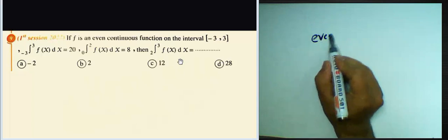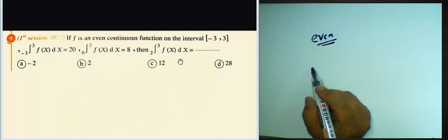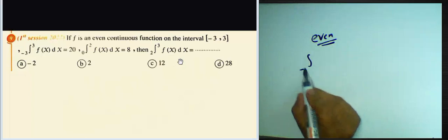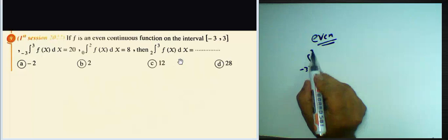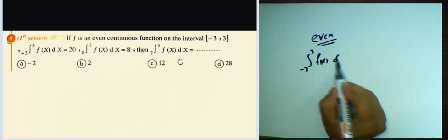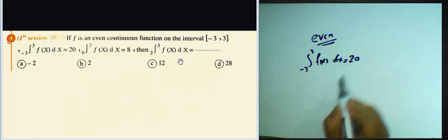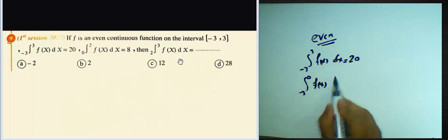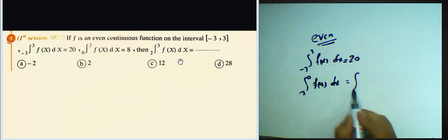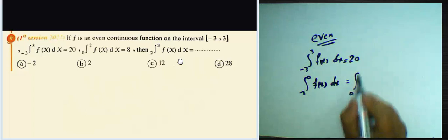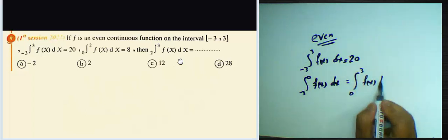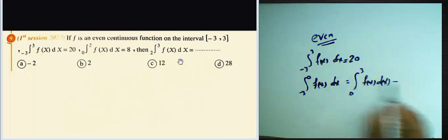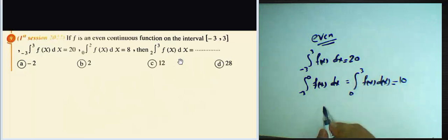We have an even function, so the integral from -3 to 3 of f of x dx is 20, and the integral from -3 to 0 equals the integral from 0 to 3, which is 20 divided by 2 equals 10.